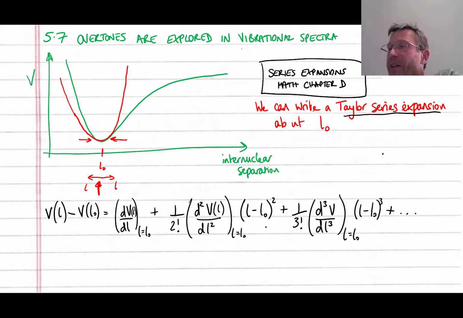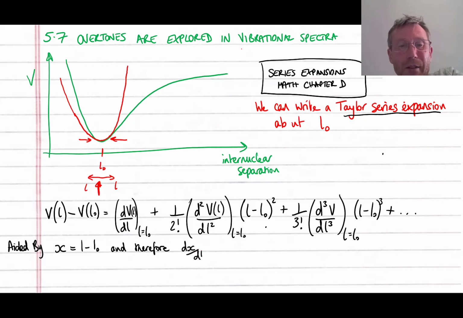And we can already recognize a couple of things about this expression. So I'm going to say we're aided by, first of all, x equals L minus L0, and therefore dx/dL is going to be equal to 1, and therefore we know that dx is equal to dL.